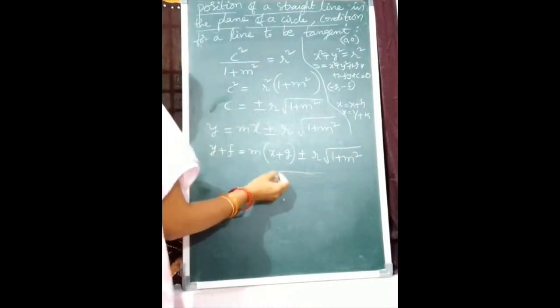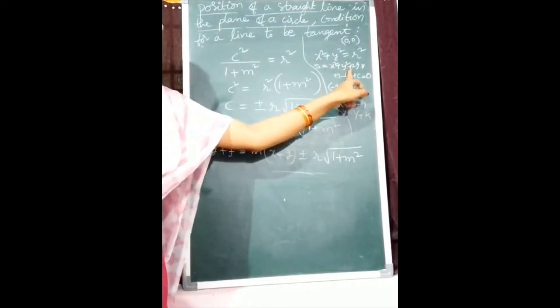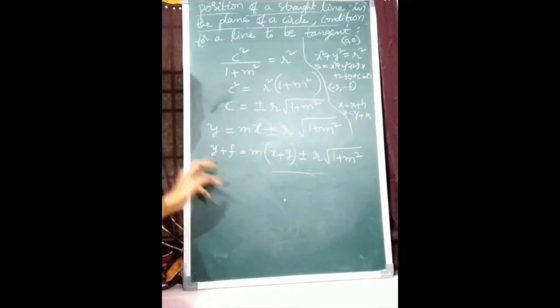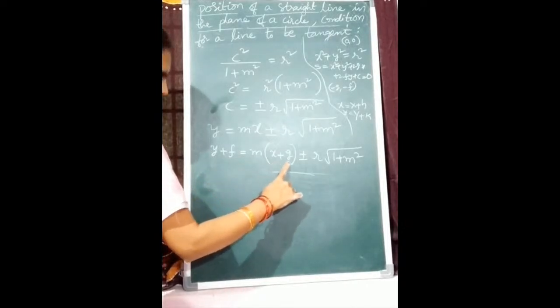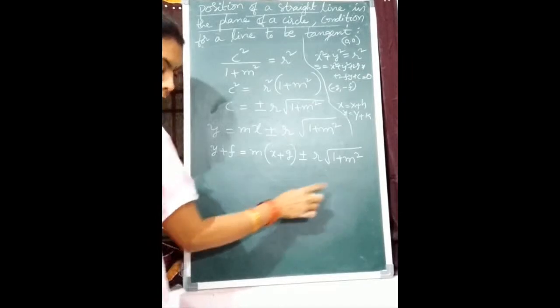This is the tangent equation at x square plus y square plus 2gx plus 2fy plus c is equal to 0. So ఇది గుర్తుపెట్టుకోండి.